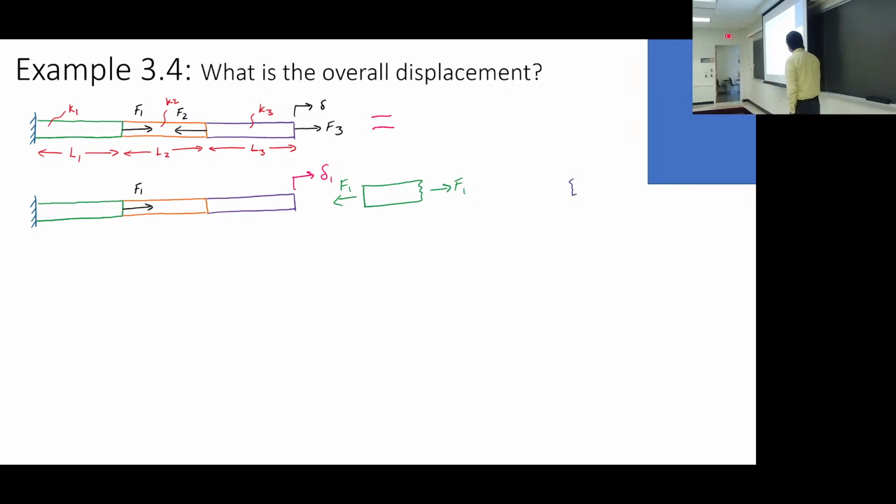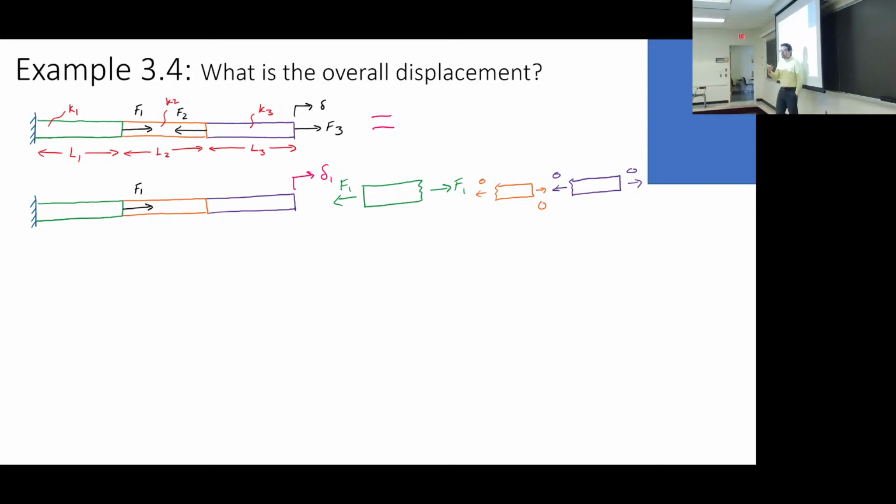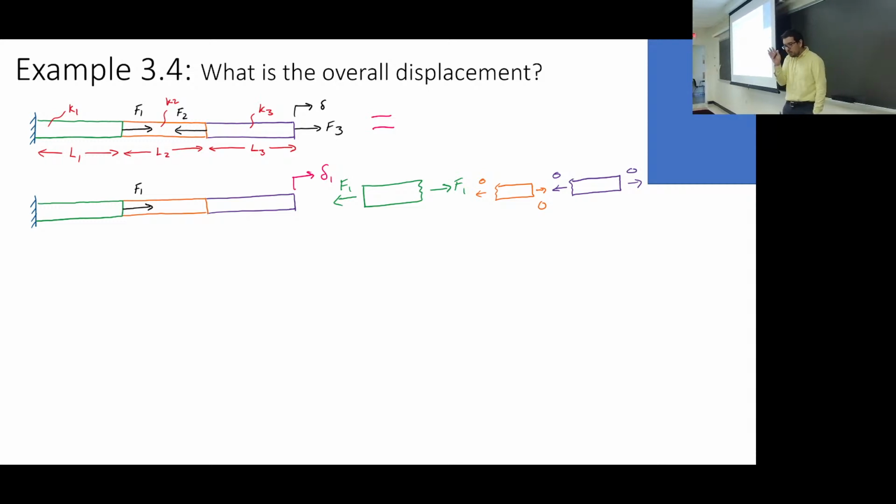So one important realization here is that displacement, or deformation, is really dependent on what the internal force is. And that internal force is the same across that green region.